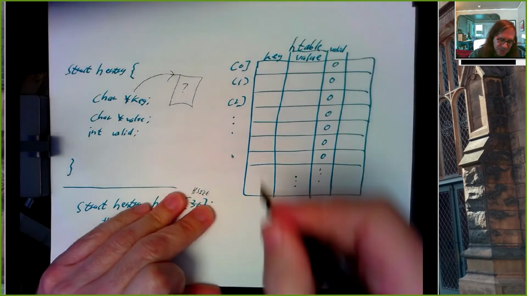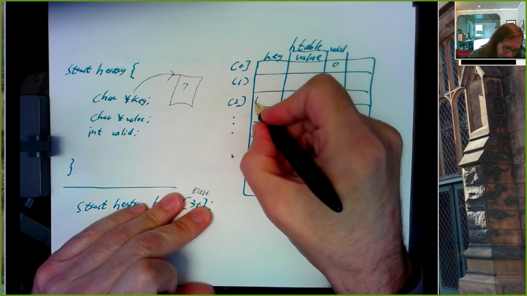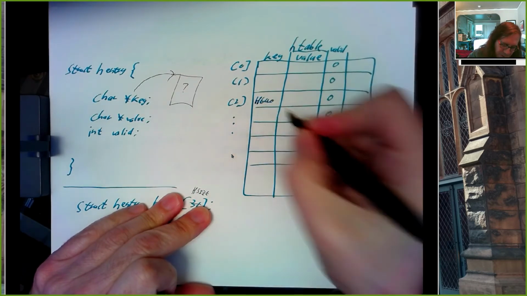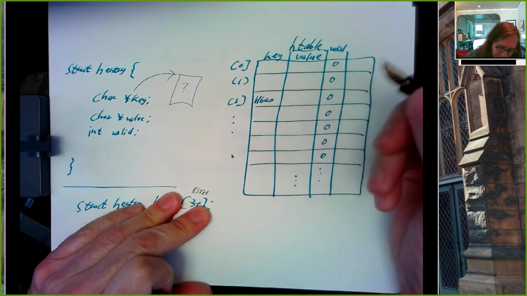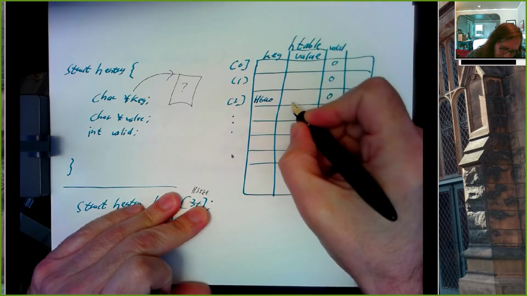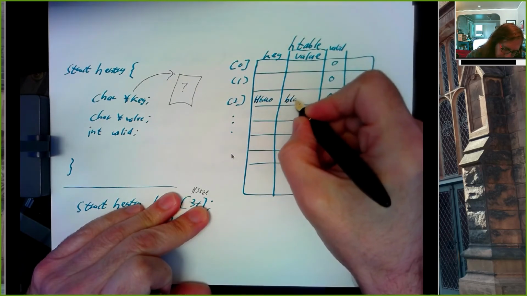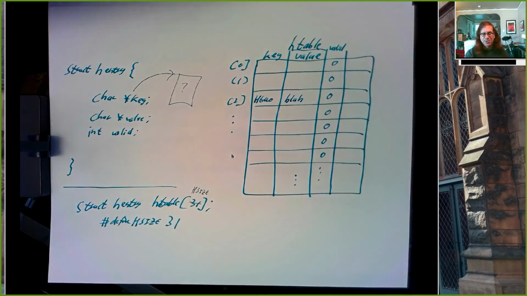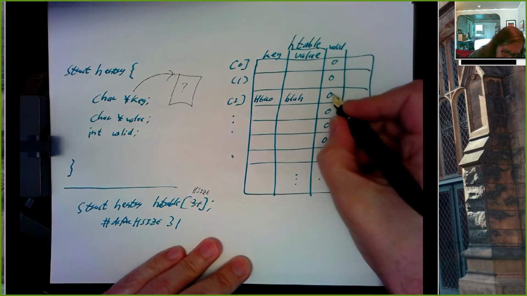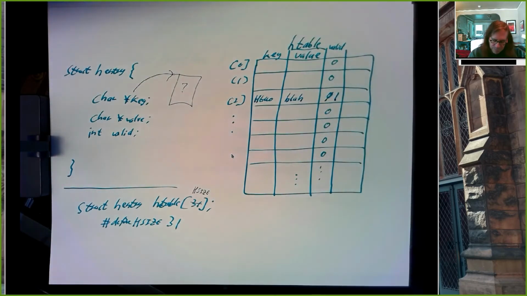Let's say it gives me 2. So I store the key, hello. I store the value, whatever. I don't know why we're hashing the word hello, so we'll just store it with the word blah. And we set the valid flag to be 1.